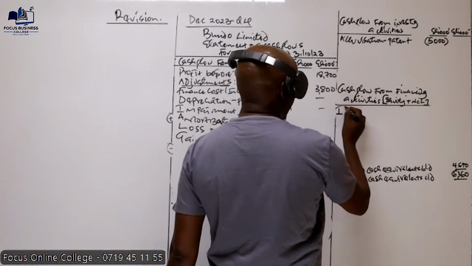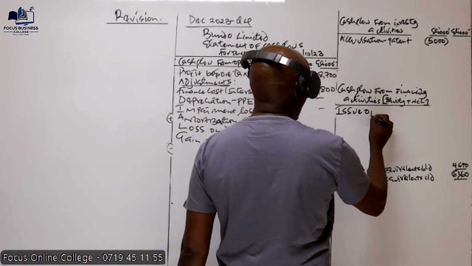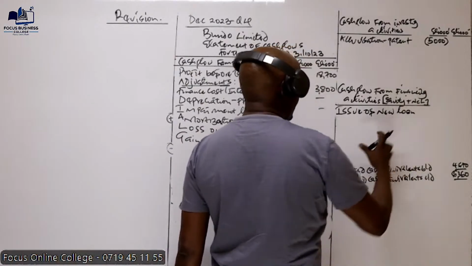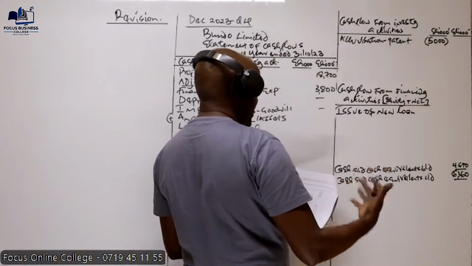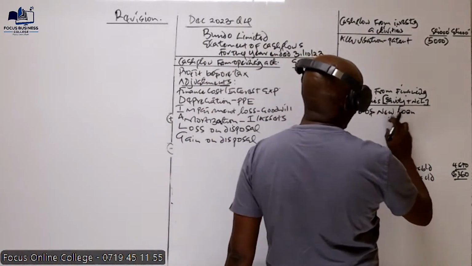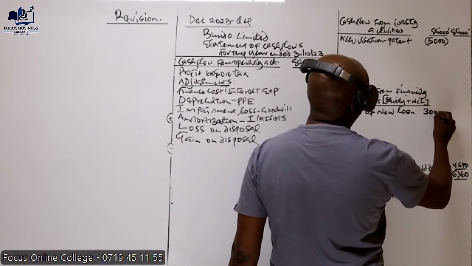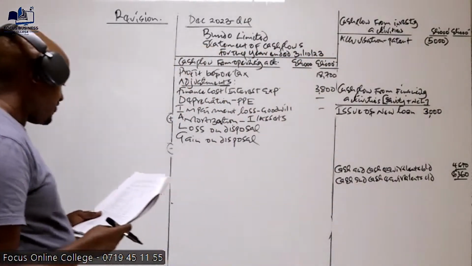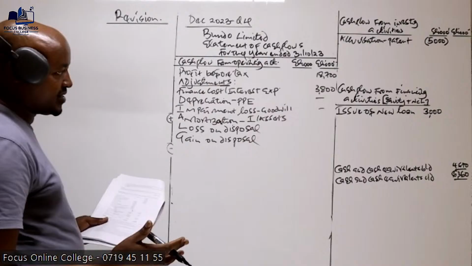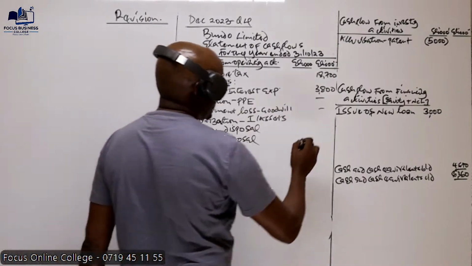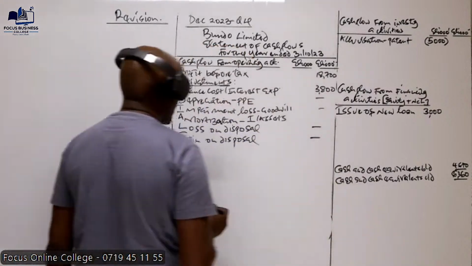So here we can say there was issue of new loans. These are not a bank loan, but debt instruments, things like debentures, things like bonds. Once the company issues such a debt instrument and receives money, that is a cash inflow. Just record it there as a cash inflow. I think that's what we have, the obvious entries. Then equally in this question, we don't have any disposal of asset, no gain or loss on disposal.